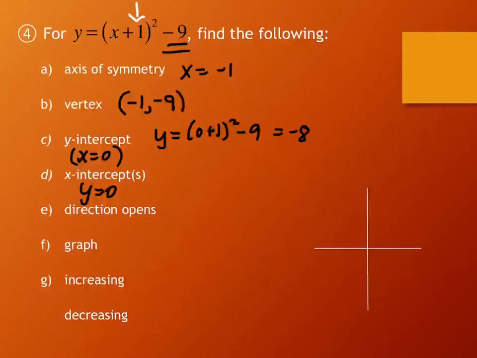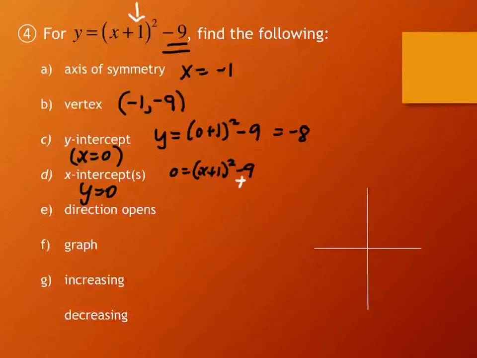Your x-intercepts are going to be a little bit more work. Your x-intercepts are where y equals 0, so we have 0 equals x plus 1 quantity squared minus 9. I can actually solve this one by the square root principle, something we did back in Chapter P. See, that Chapter P is super important stuff, guys.